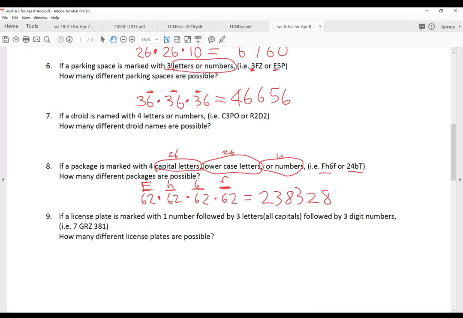So this system, I think, would give you a lot more possibilities for naming or tagging packages instead of just using numbers. Okay, if you only use numbers, you get only 10,000 different packages.